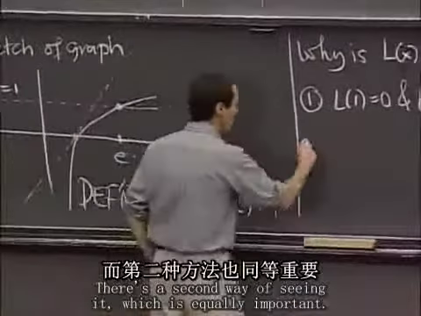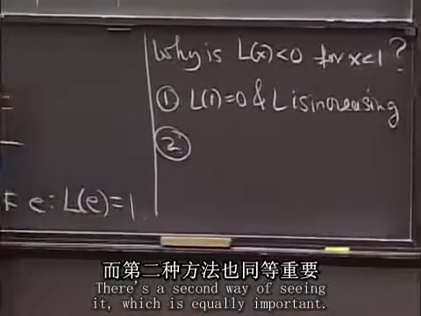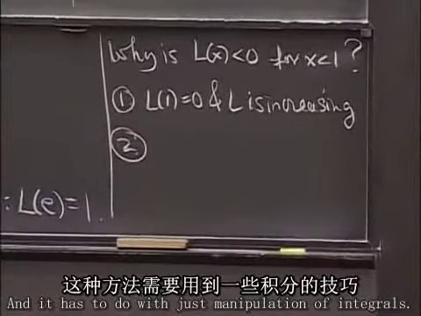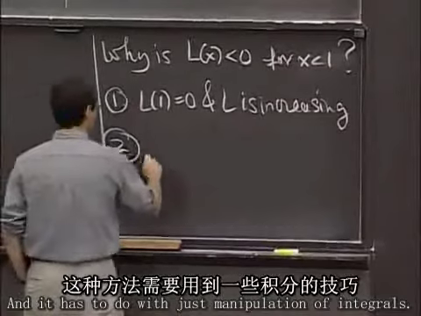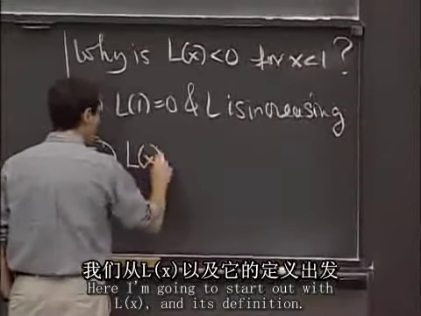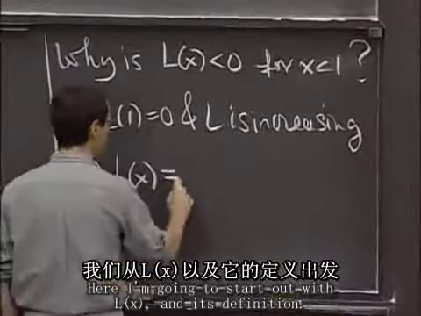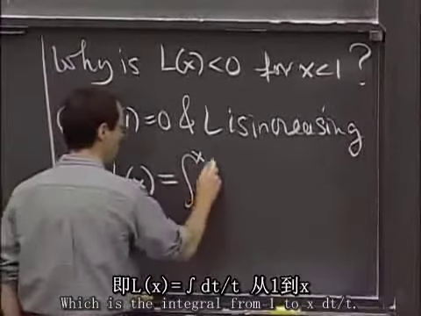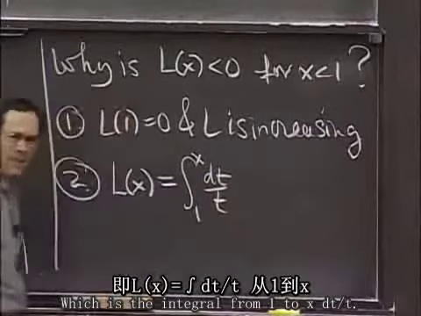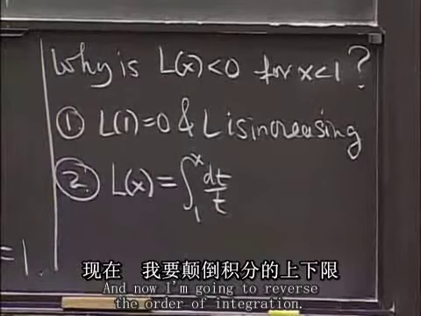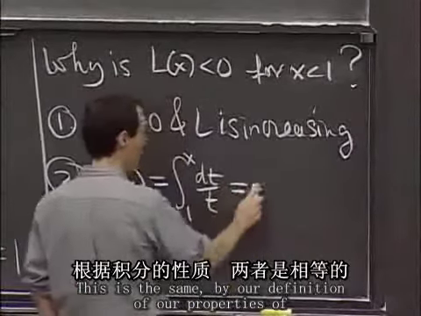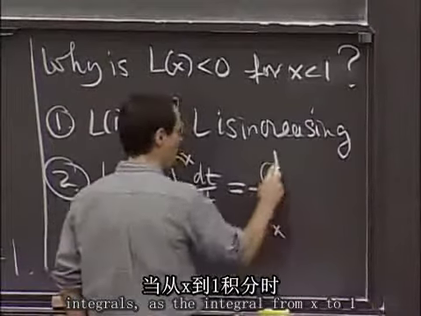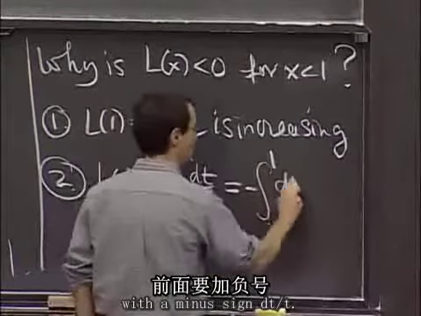There's a second way of seeing it, which is equally important, and it has to do with just manipulation of integrals. Here I'm going to start out with L of x and its definition, which is the integral from 1 to x of dt over t. And now I'm going to reverse the order of integration. This is the same, by our properties of integrals, as minus the integral from x to 1 of dt over t.